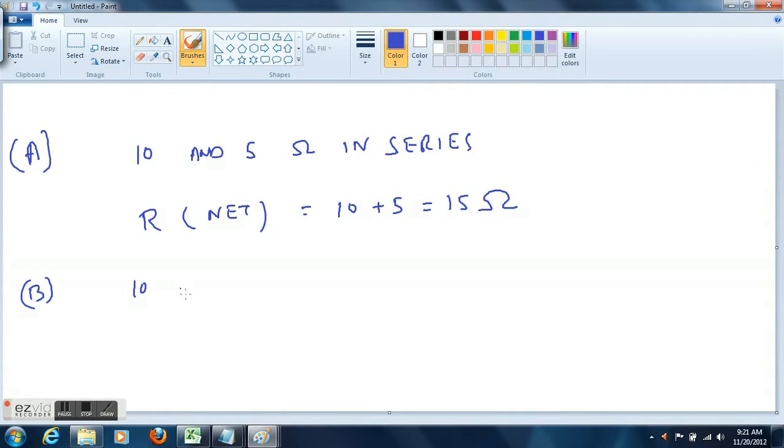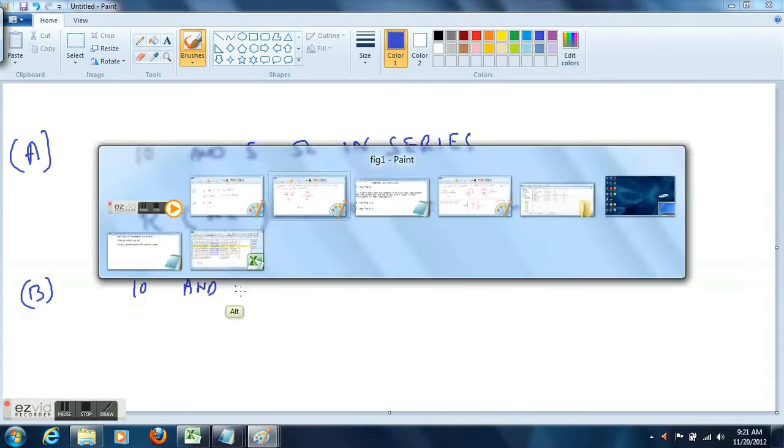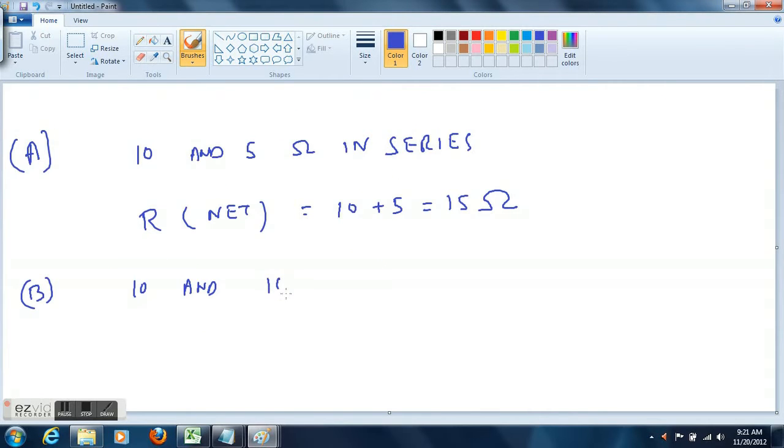In the case of B, we have two resistances, one of 10 ohm and another of 1000 ohm, and they are connected in parallel.